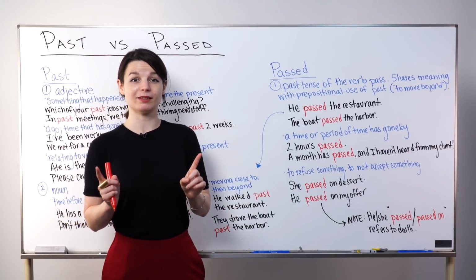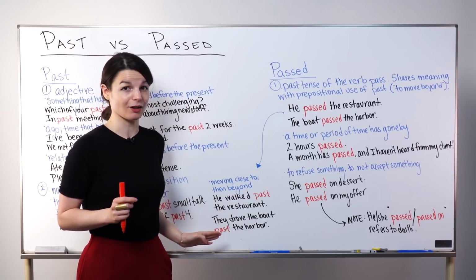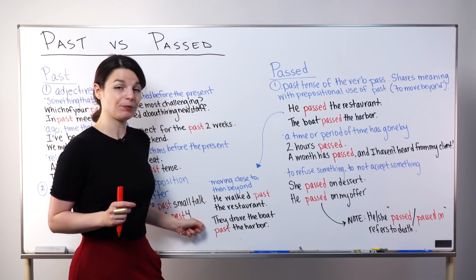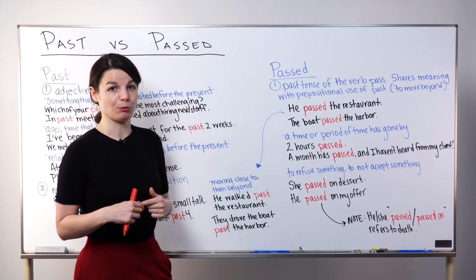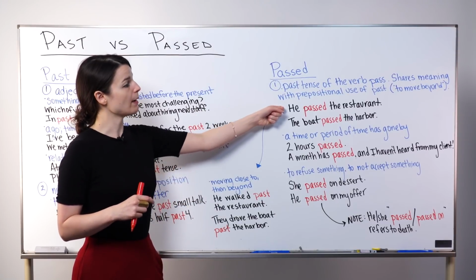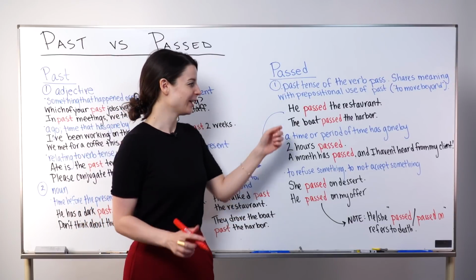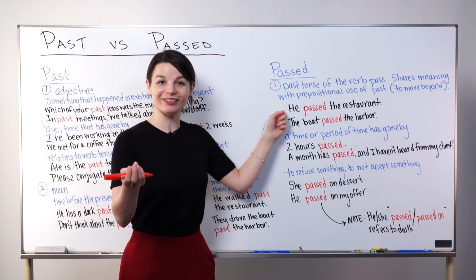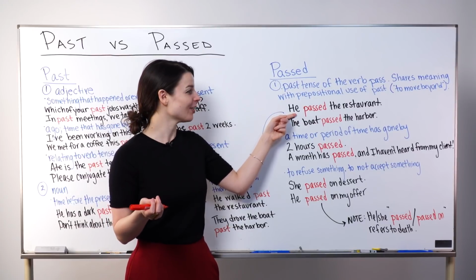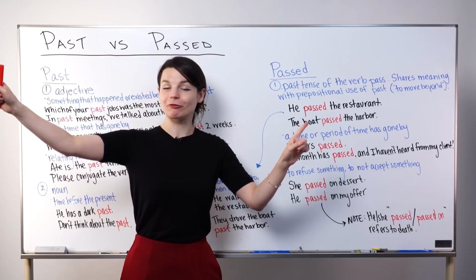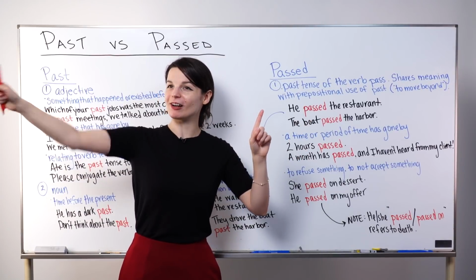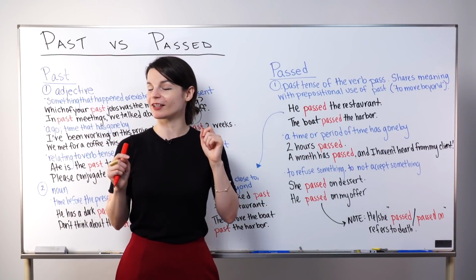So please keep this in mind. All of these sentences are correct, but these sentences give us a little bit more information. So we might use sentences like these when it's very clear. Like, for example, if you're waiting in the restaurant and you see your friend walk in front of the restaurant and continue walking, you might think, oh, he passed the restaurant.